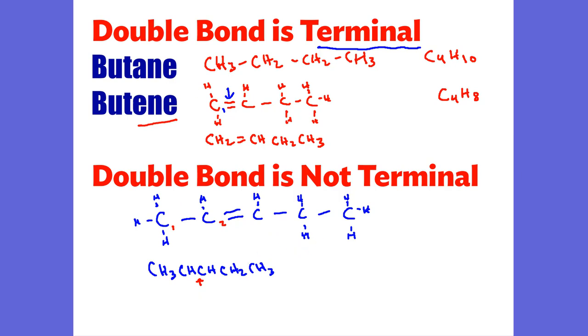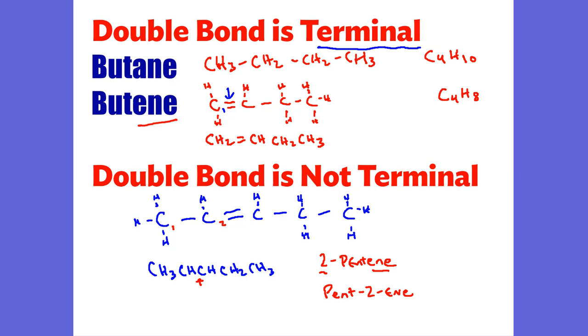And so what are we going to name this? There's 2 different names you can call it. You can call it 2-pentene, and that 2 signifies where that double bond's coming off of, or you see it this way as well. Some people like to call this pent-2-ene.